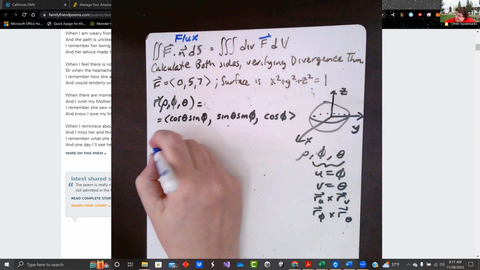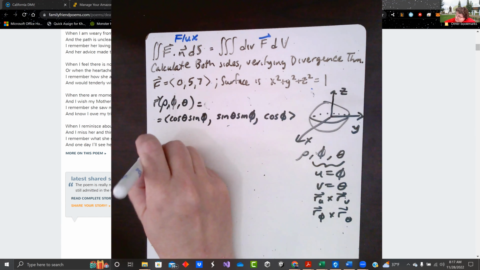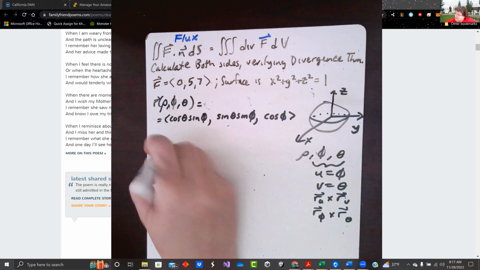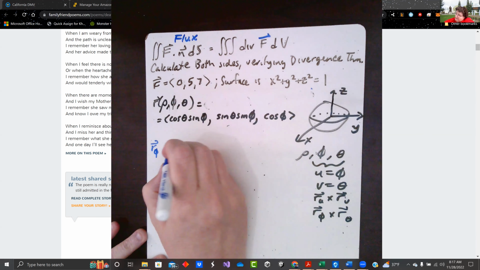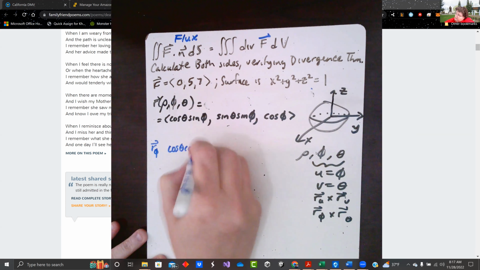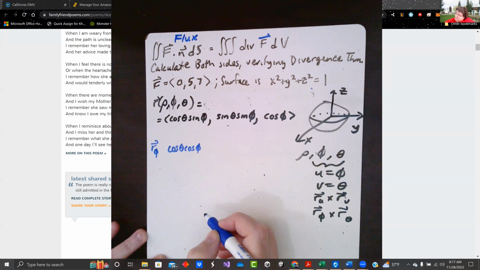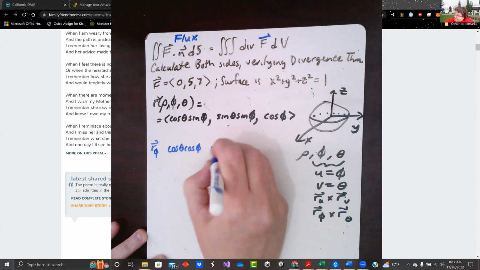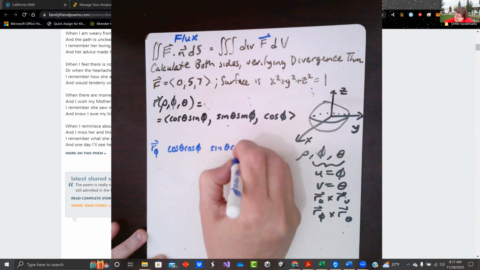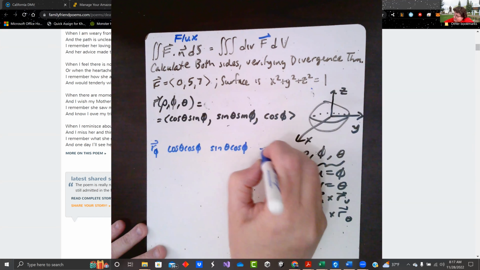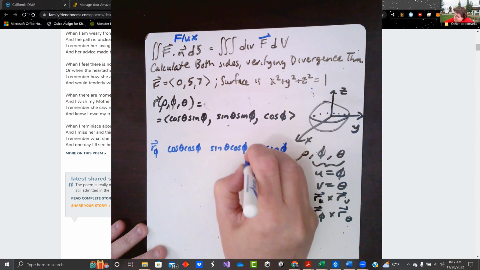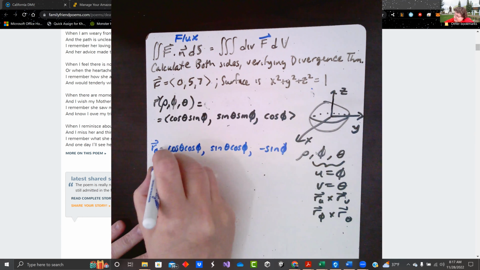So r_phi: derivative of sine is cosine. So this is cosine theta cosine phi, sine theta cosine phi, and negative sine phi. And I'll put commas in there because this is a vector.